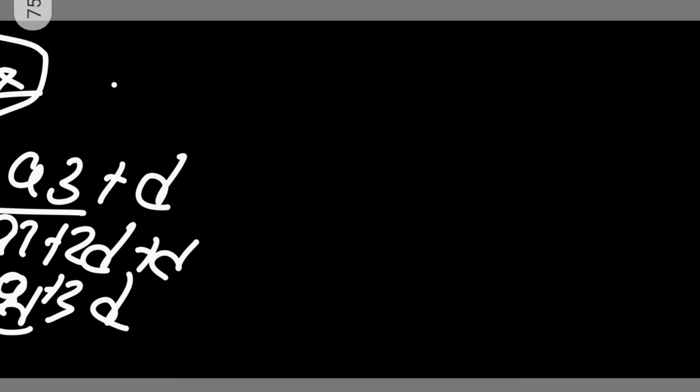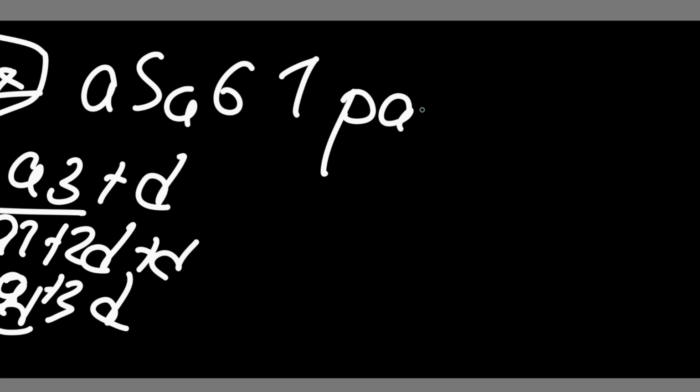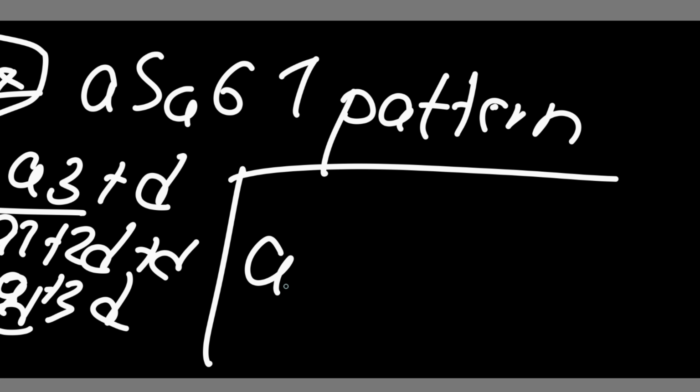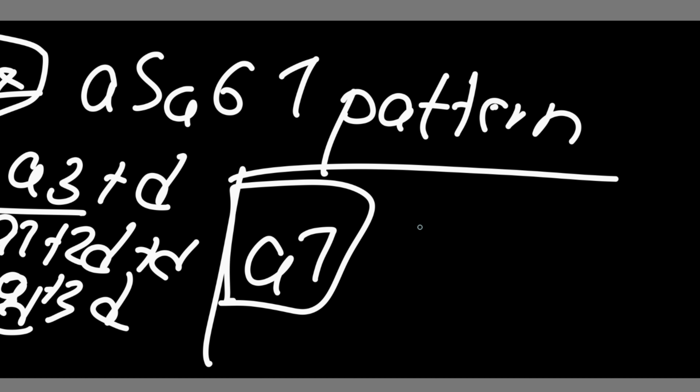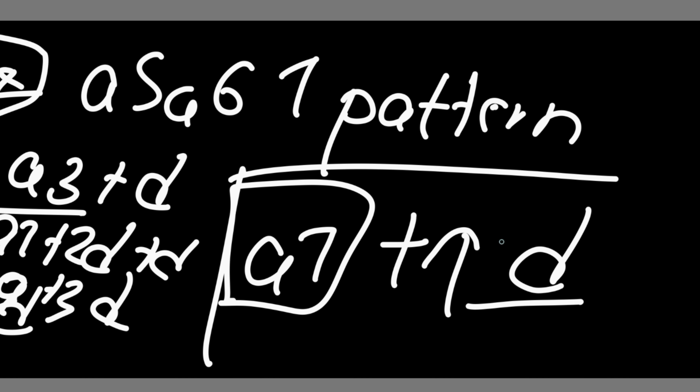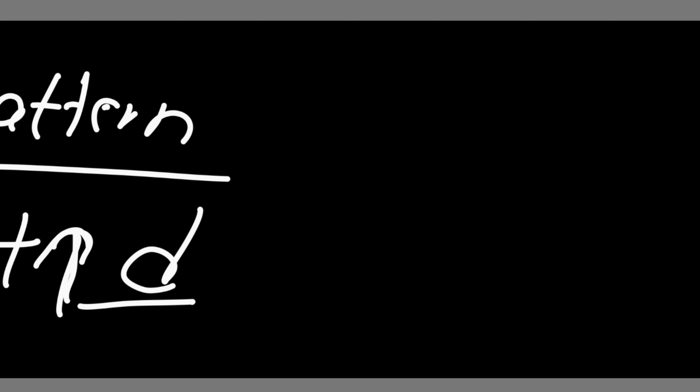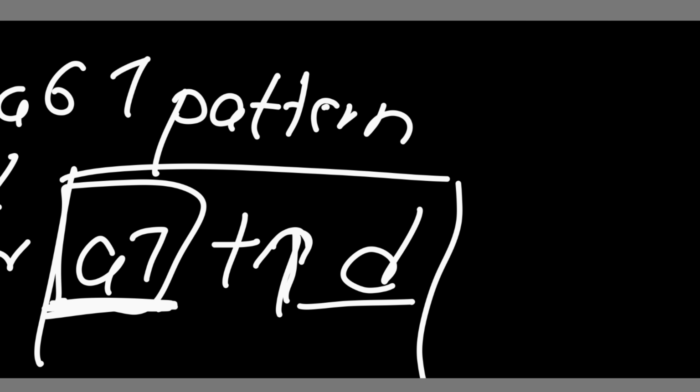As we go to A5, A6, you will notice one pattern: A1 is everywhere and it is added with d, and only the multiple of d keeps increasing. A1 is there always.